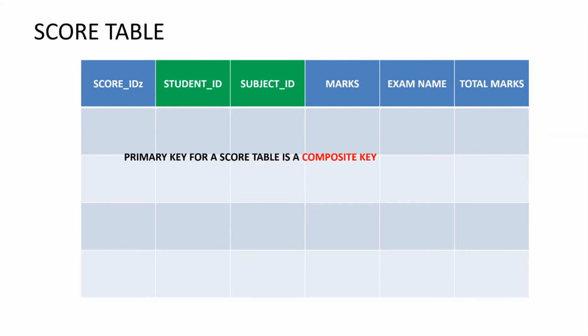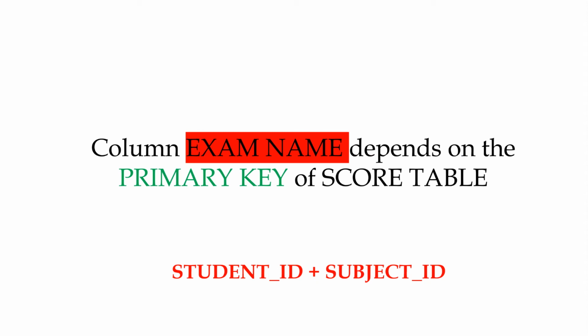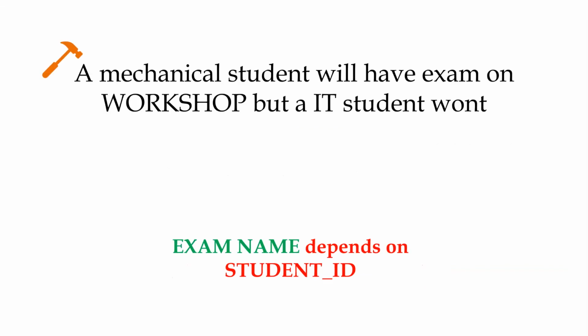and already we know that the primary key for the score table is a composite key, that is a combination of both student ID and subject ID. Now, the new attribute exam name depends on the primary key of the score table, that is, it depends on both student ID as well as subject ID. How? For example, a mechanical student will have an exam on the workshop, but an IT student won't.